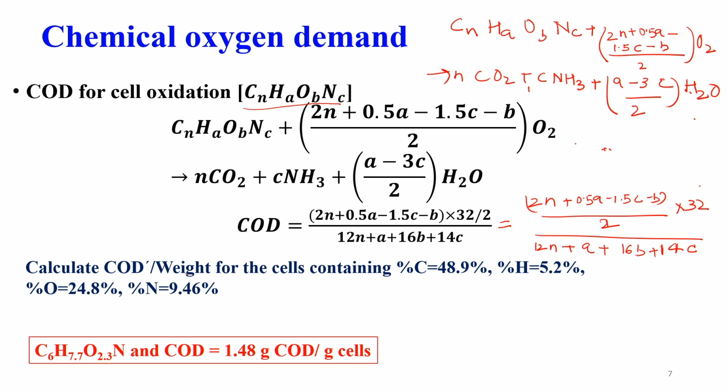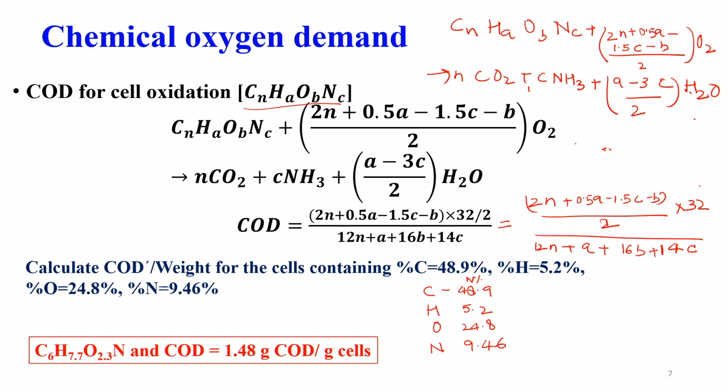If you want to calculate the stoichiometry, you have to calculate their mole percent. So let us write carbon, hydrogen, oxygen and nitrogen. The weight percents are 48.9, 5.2, 24.8 and 9.46.